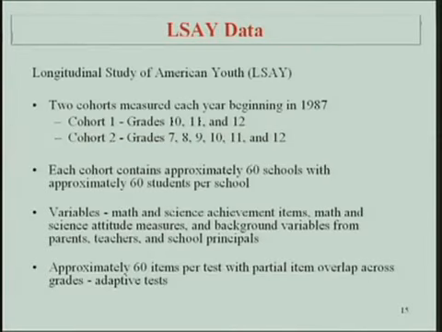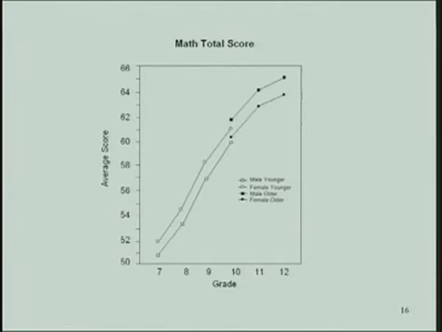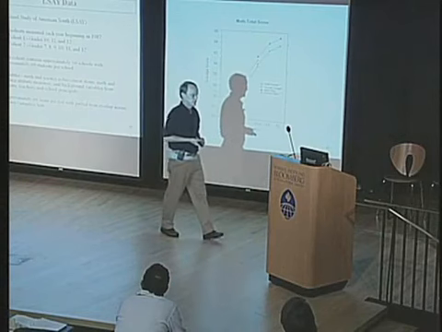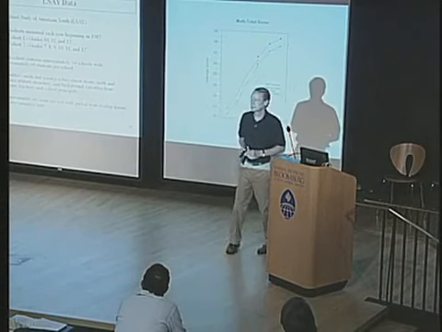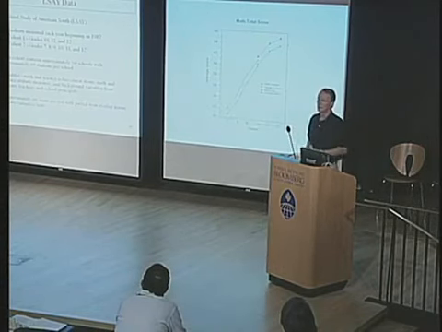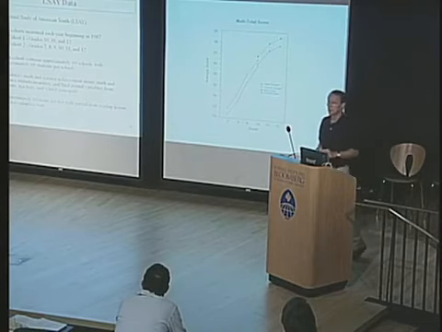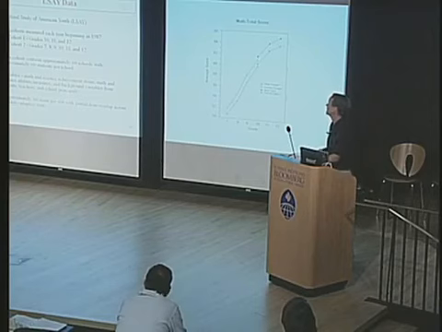So let's take a look at some data. What I'll do is I'll try to talk about these topics on a couple of different levels. The very applied level, where you can understand where we're heading without understanding formulas or details of the statistics.